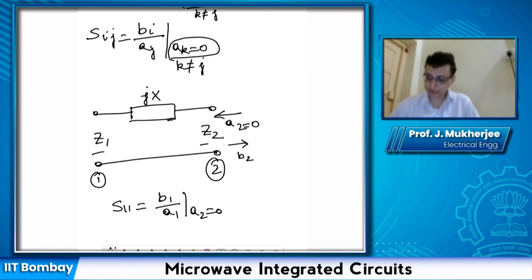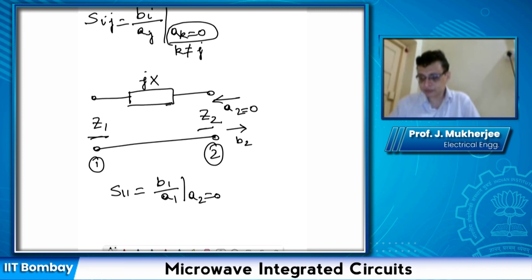So we can arbitrarily assign the characteristic impedance at port 1 to be Z1 and at port 2 to be Z2, and the S parameters that we will be deriving will be for this particular configuration, that is, when the characteristic impedance at port 1 is Z1 and at port 2 is Z2. If we change, for example, if we make the characteristic impedance at both ports equal to Z1, then we will obtain a new set of S parameters.